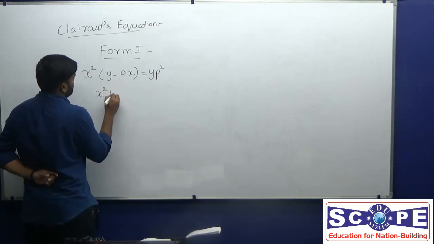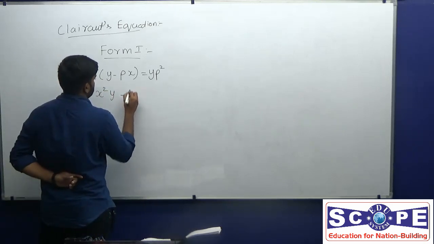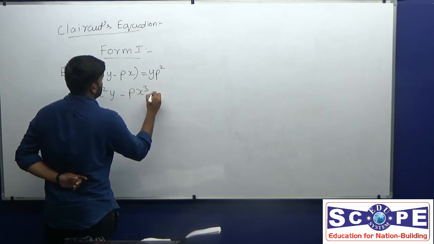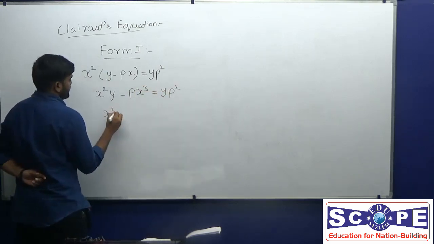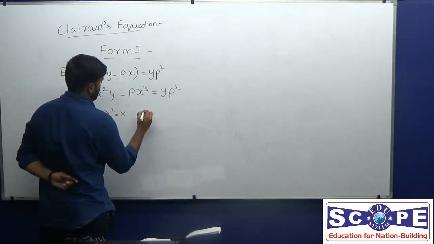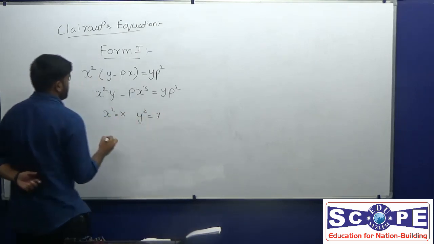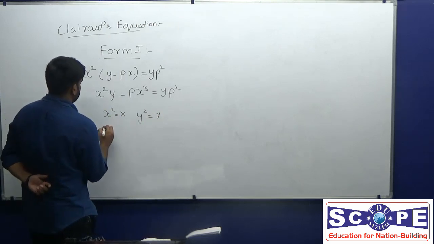So we get x square y minus p x cube equal to y p square. If we take x square as x and y square as y, what we will get? X square y.